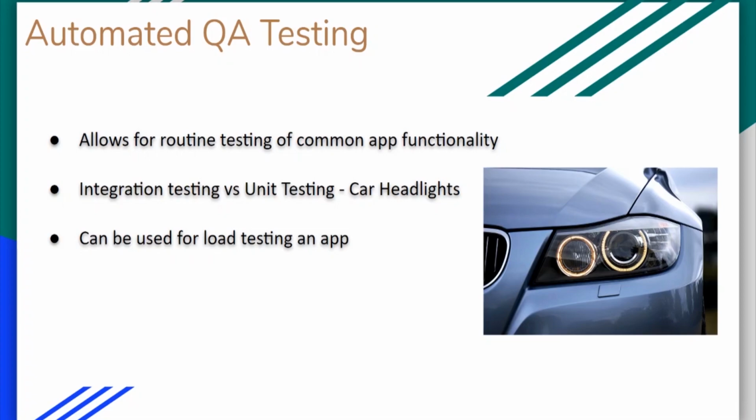With integration testing, you'd flip the switch and ask, does the headlight work, yes or no. And if it doesn't work, you don't have a ton of insight into what could be wrong. Unit testing would tell you maybe the light bulb's burnt out, maybe the switch inside the car is broken, maybe there's a loose wire. With each component you'd know exactly what's wrong. With integration testing, you get a good broad overview of whether it's working or not, but you don't get as much insight.